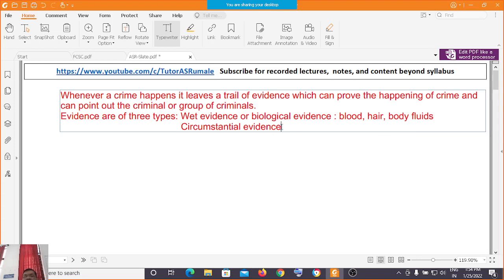The second type is called circumstantial evidence. What is circumstantial evidence?